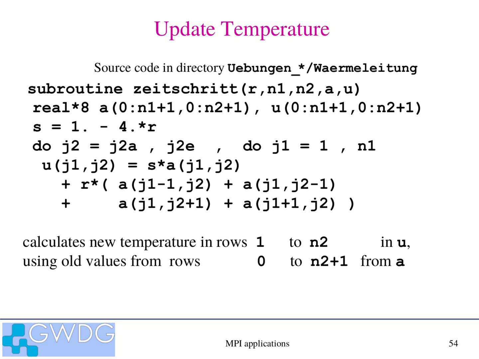And it uses for this all rows from A, starting from the boundary rows. So we will need this later on, that you use all the rows, including the boundary rows, to calculate the inner values of the new temperature.